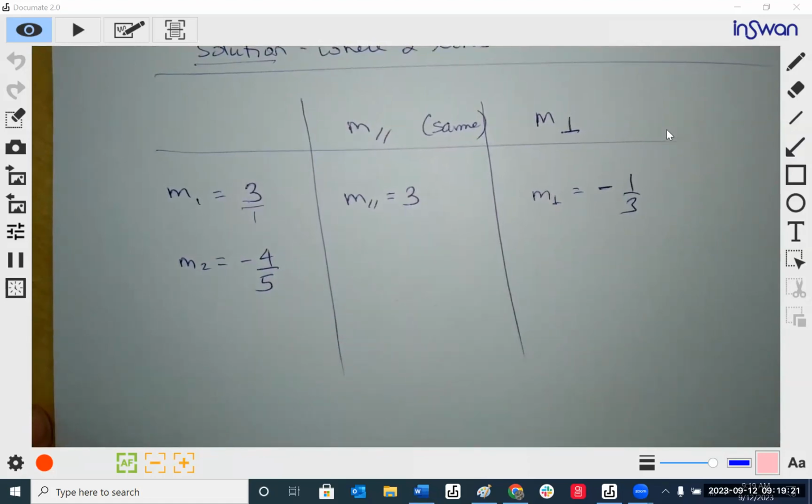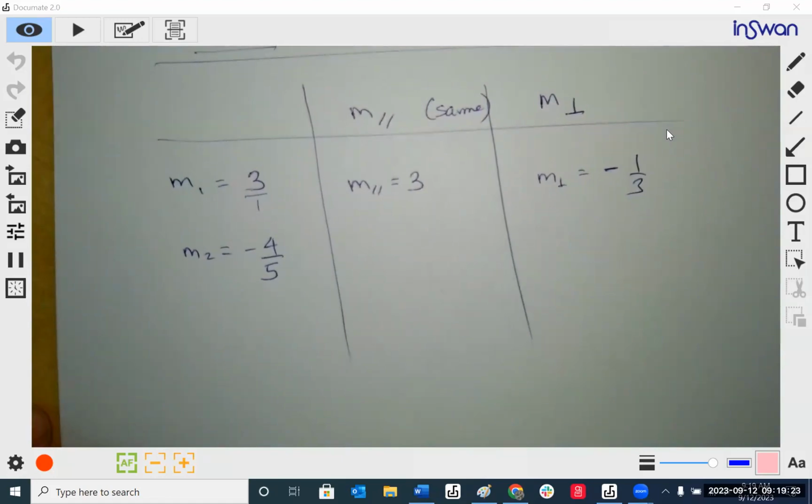The second line has a slope of -4/5. What's the parallel slope? Yeah, it's the same thing.